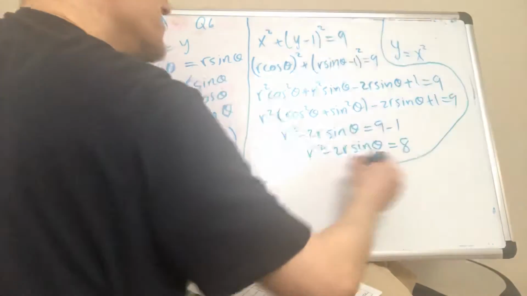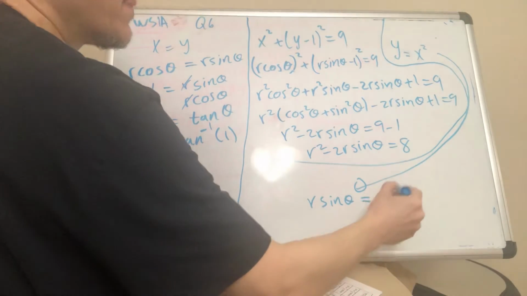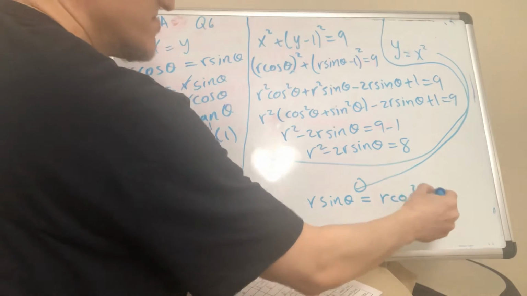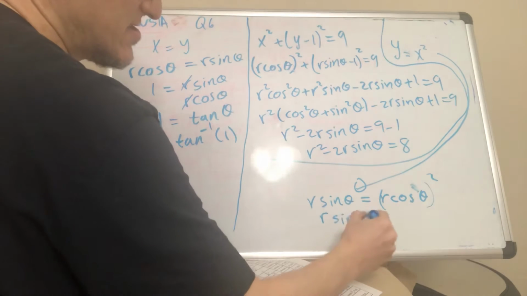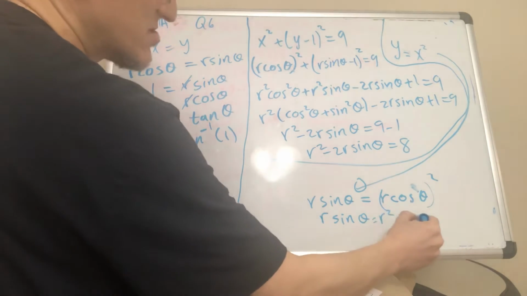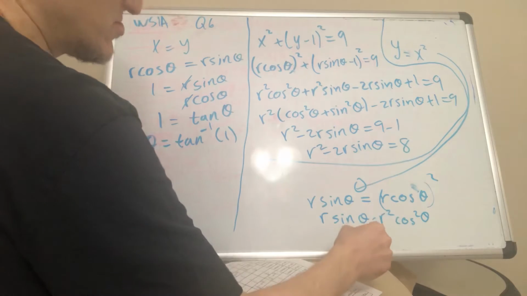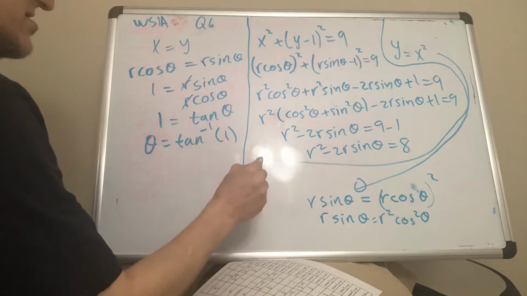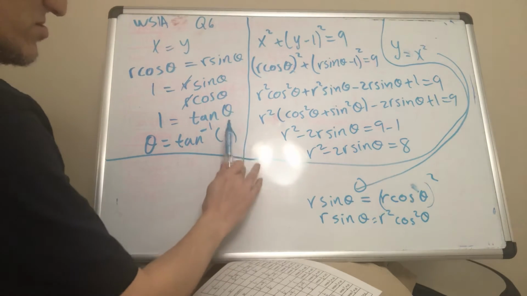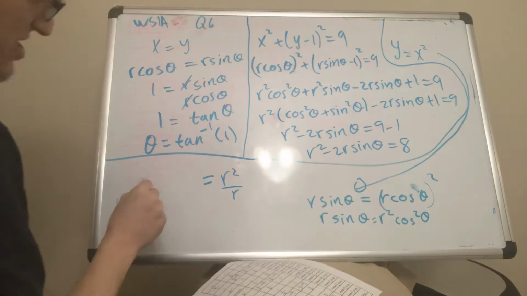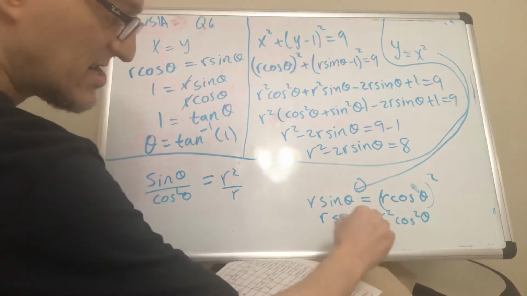Now for the last one, r sine theta, and this one is r cosine theta squared. So this is r sine theta equals r squared cos squared theta. If I bring the r with the r and the cosine with the cosine, I'll do it here so you can see it. I'll bring the r down, so it'll be r squared over r, and I'll bring the cosine squared down.